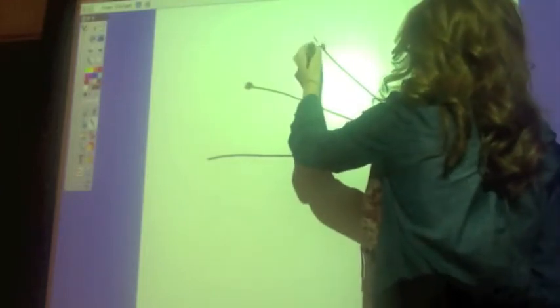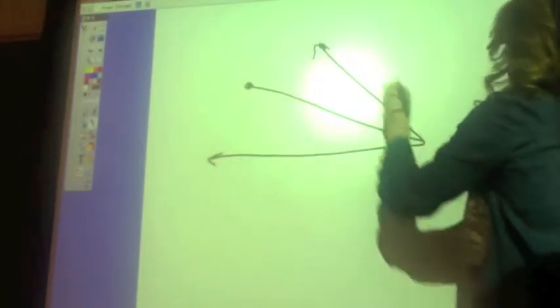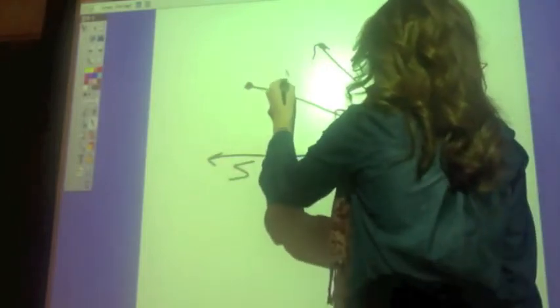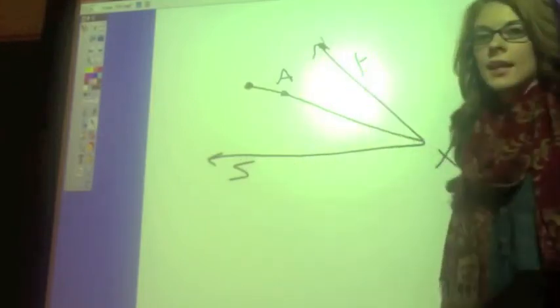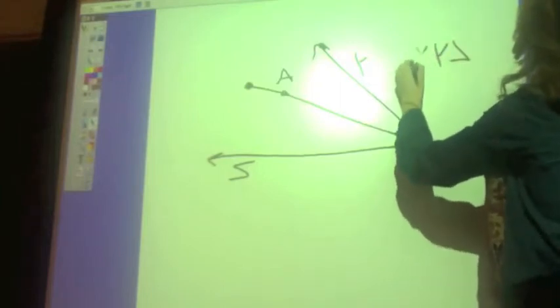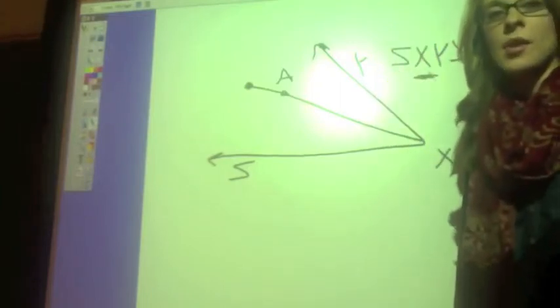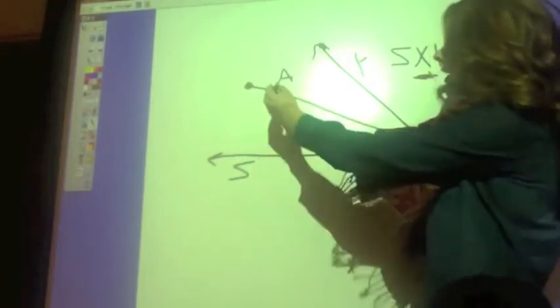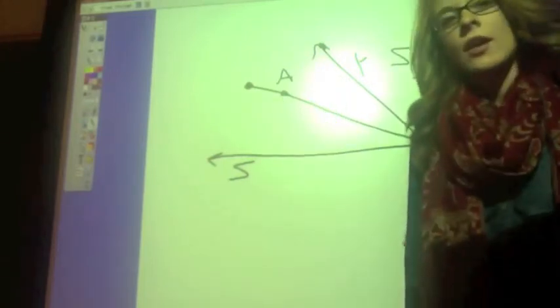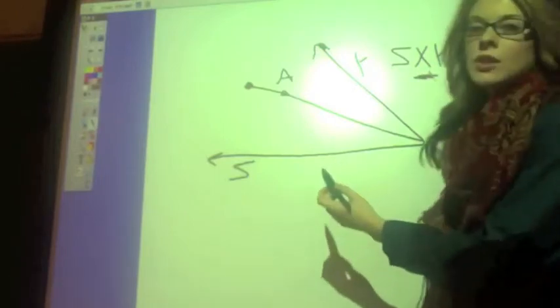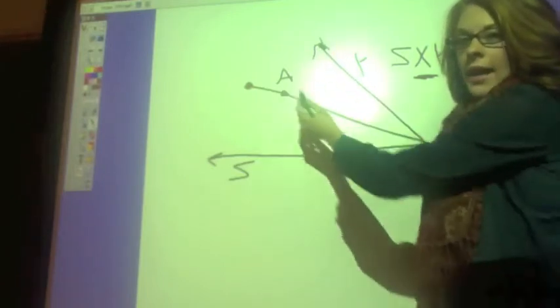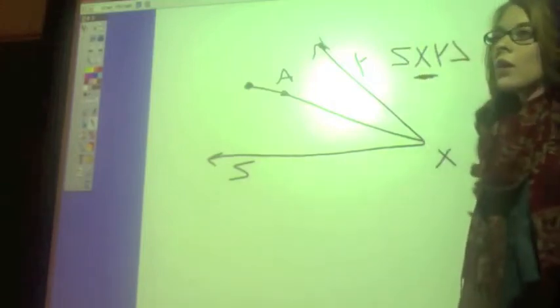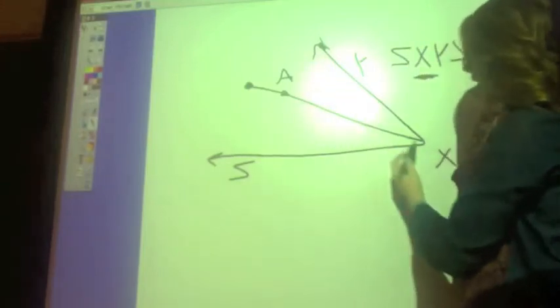So if we have an angle, and we have angle YXZ, which we notate angle YXZ with the vertex always being in the middle, and you have some point A in the interior of the angle, then our angle addition postulate tells us that the two separate angles, angle YXA plus angle AXZ, will sum up to equal the entire angle YXZ.